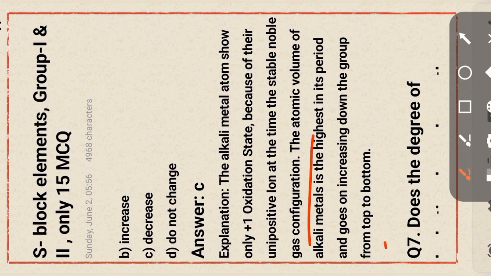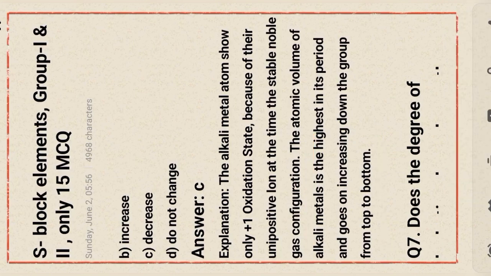The atomic volume of an alkali metal is the highest in its period and goes on increasing down the group from top to bottom.